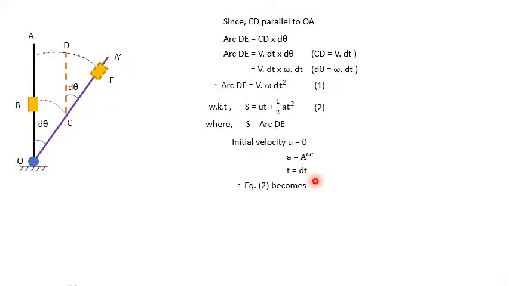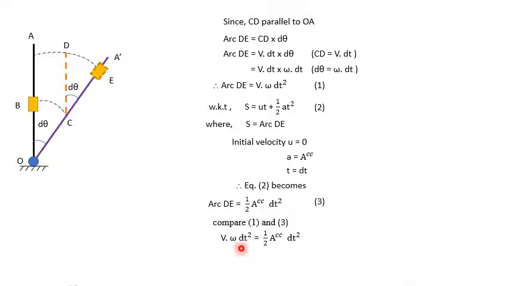Therefore, after substituting all these values in equation number 2, arc DE in place of s, the first term becomes 0 because the initial velocity is 0, and half times the acceleration Acc, with t as dt, so half times A suffix cc dt square. Call this equation number 3. Now I am going to compare equations 1 and 3, because on the left hand side arc DE is the same.